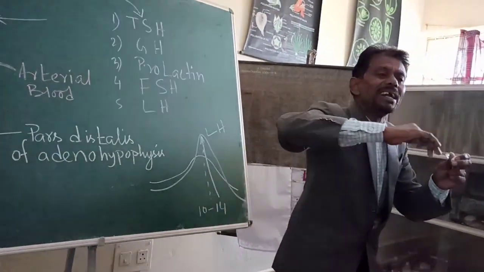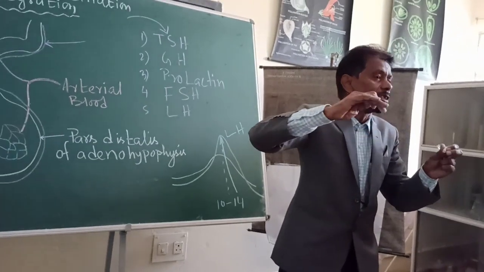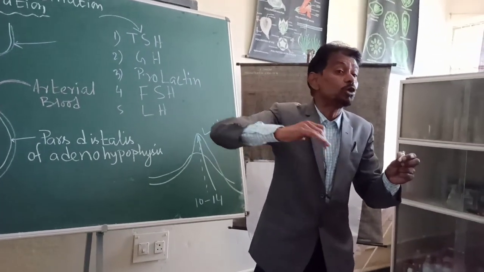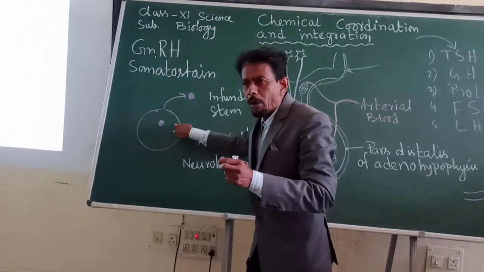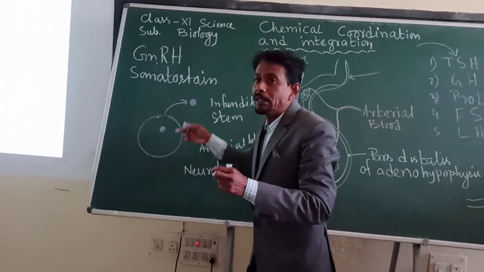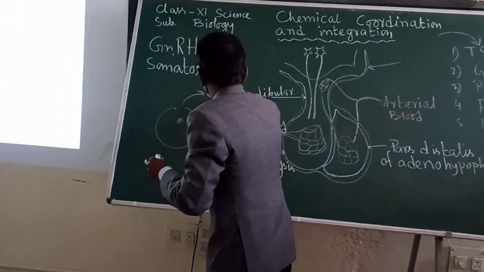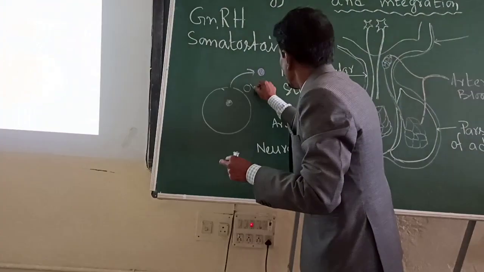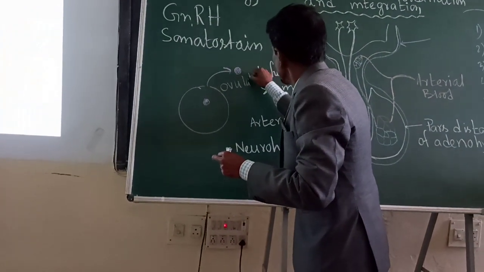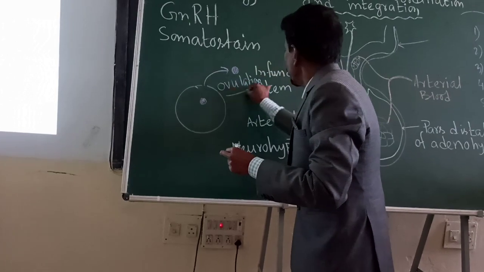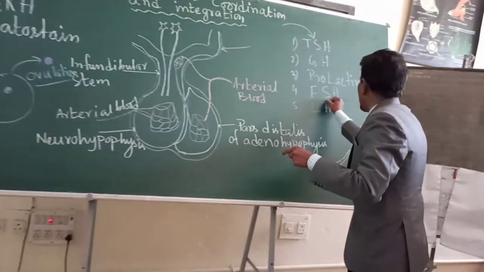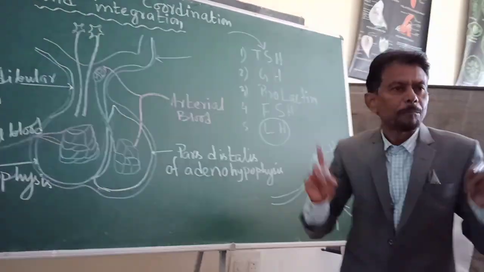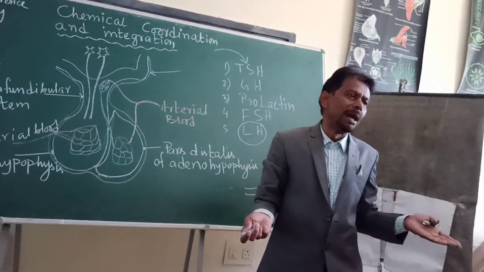It is tremendously secreted, meaning the concentration of LH hormone reaches its peak, and it will burst the Graafian follicle and release the ovum. That means ovulation. This process we call ovulation. So ovulation is induced by the production of LH hormone. In the female, what about in the male?